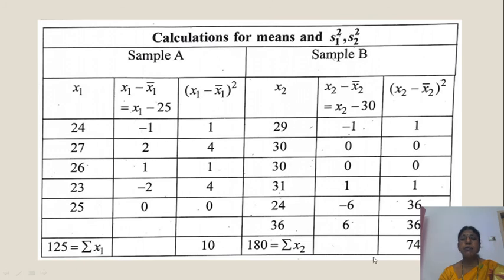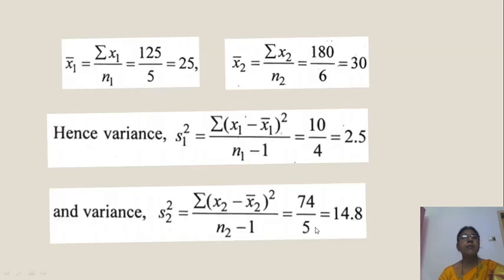Sigma value is 74. In the table, we have already substituted these values: x1 bar is 25, x2 bar is 30.